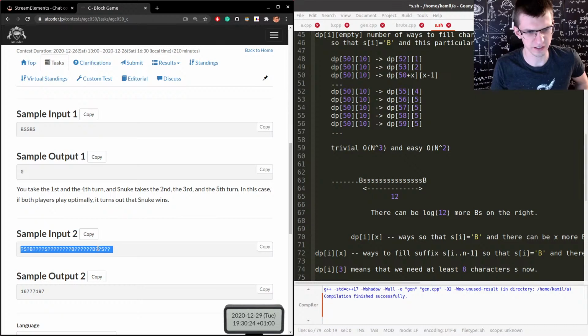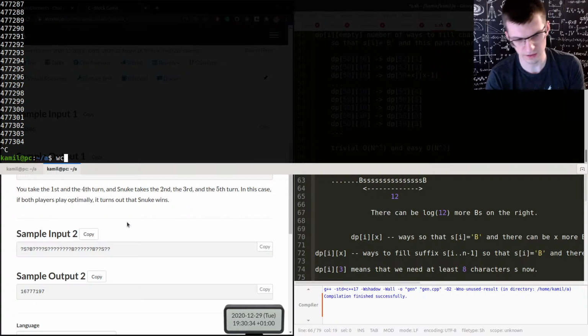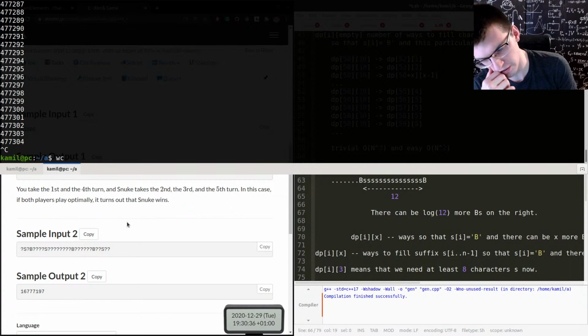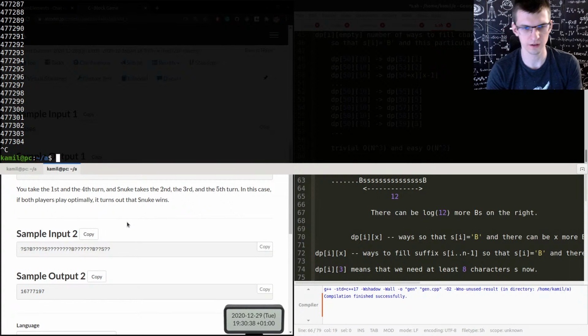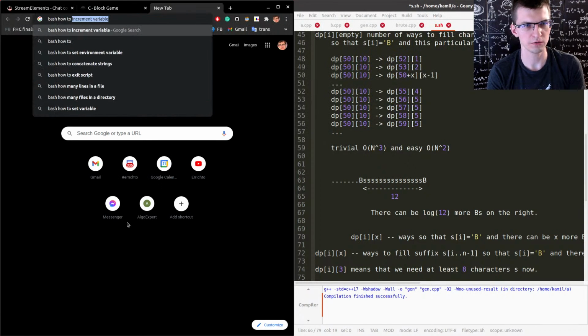How to easily check that with something in bash? There's still stress testing going. This counts tokens, characters, and lines, but I don't know. Bash, how to count particular characters, not in a string.